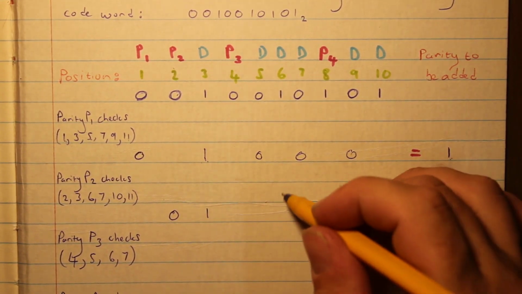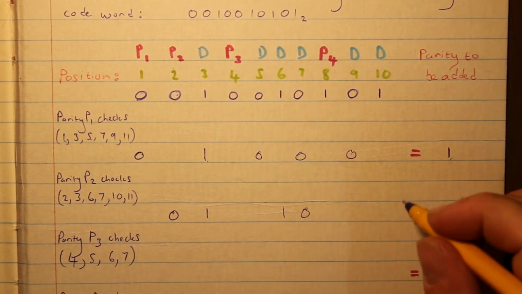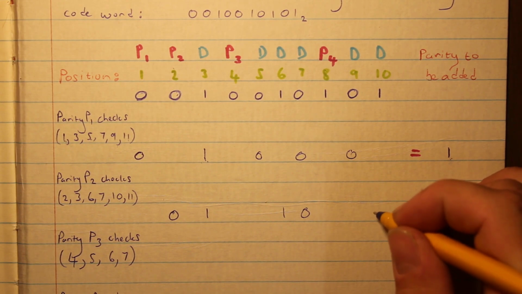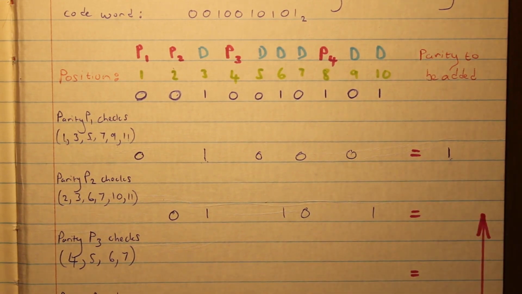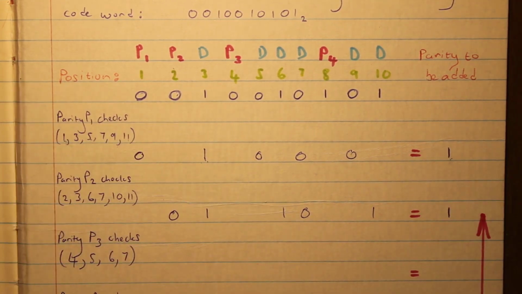In position 6 we got a 1. In position 7 we have a 0. In position 10 we have a 1. Okay, and again there's 3 1s, which is an uneven number of 1s. So to make it even, we can just put a 1 there.